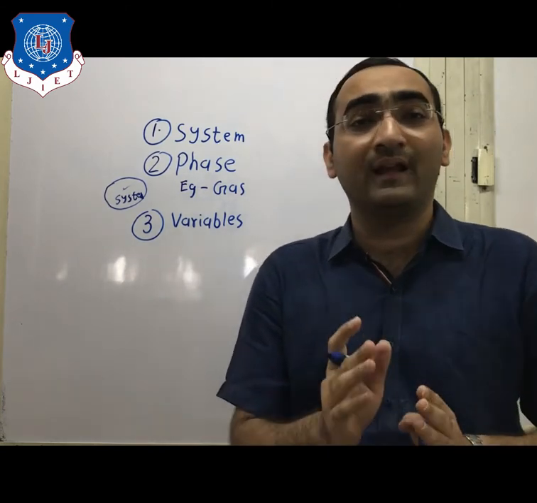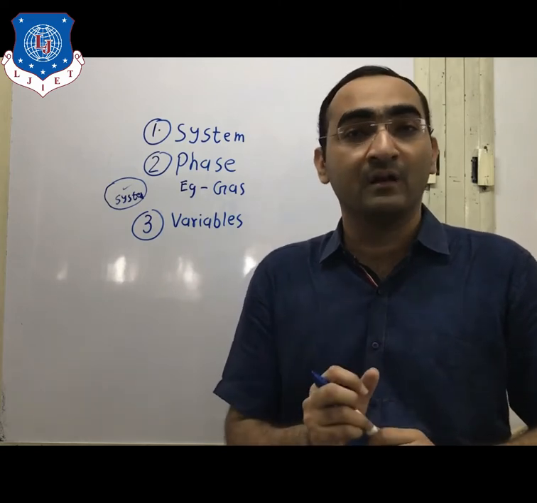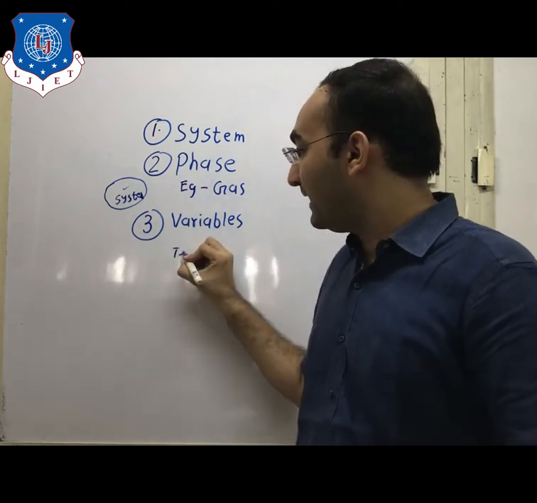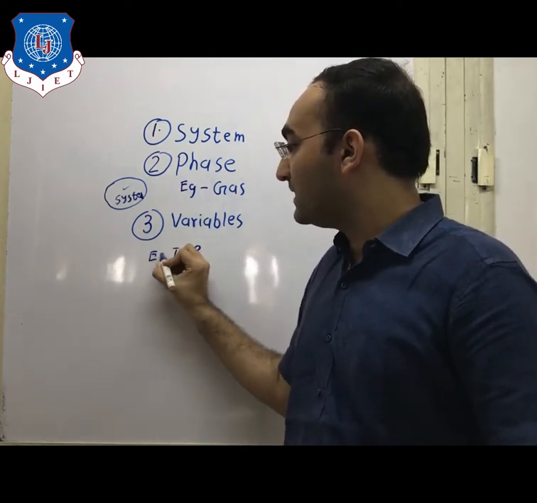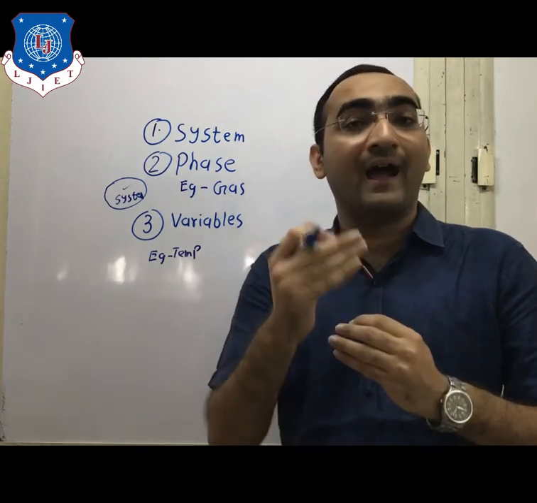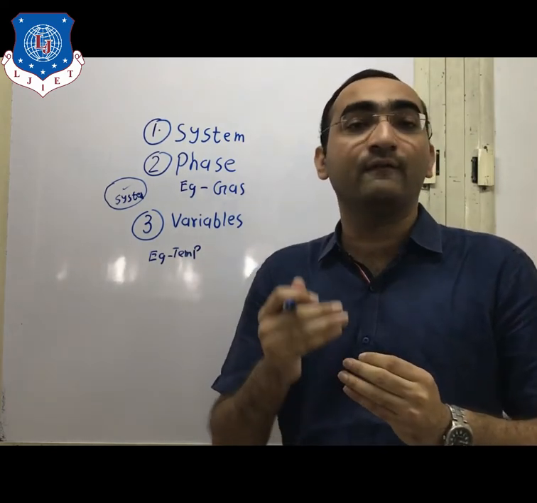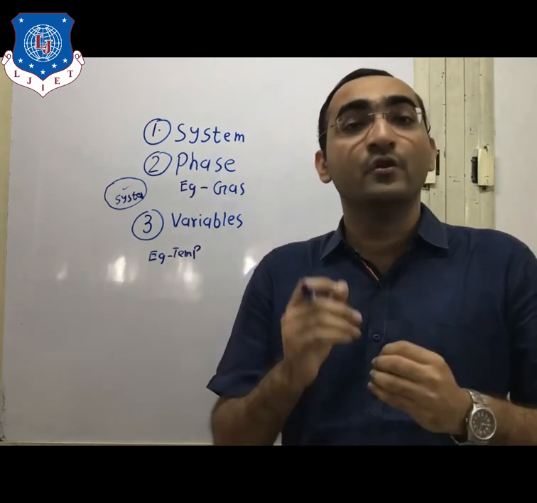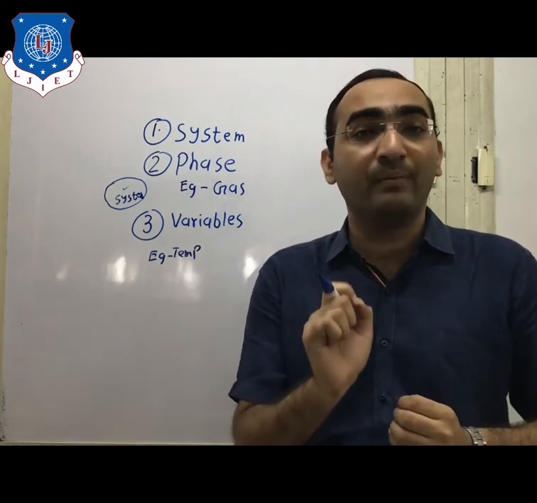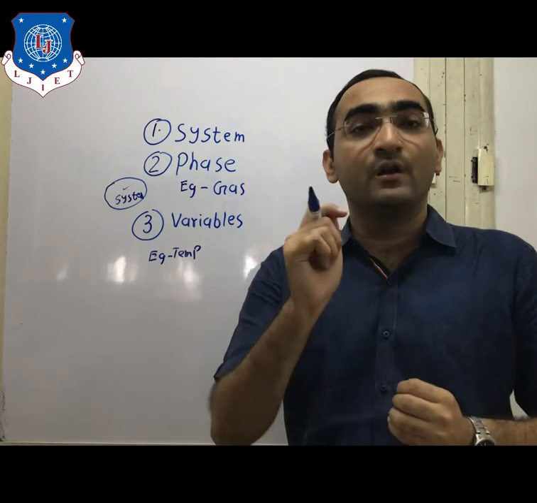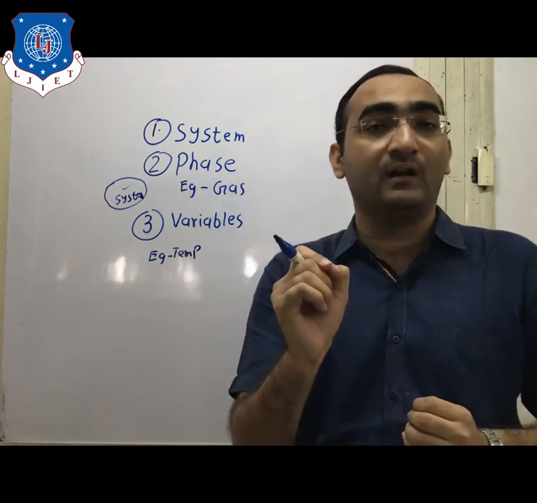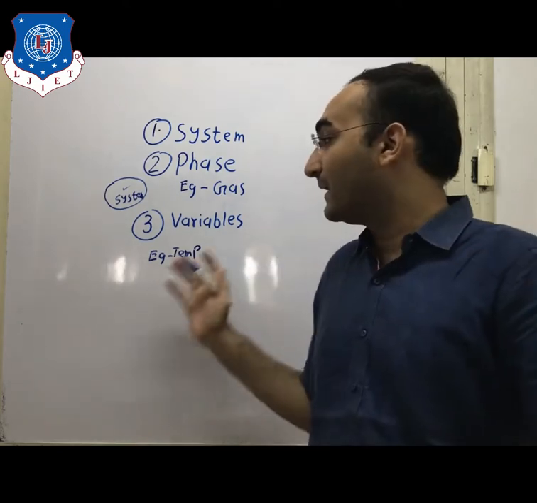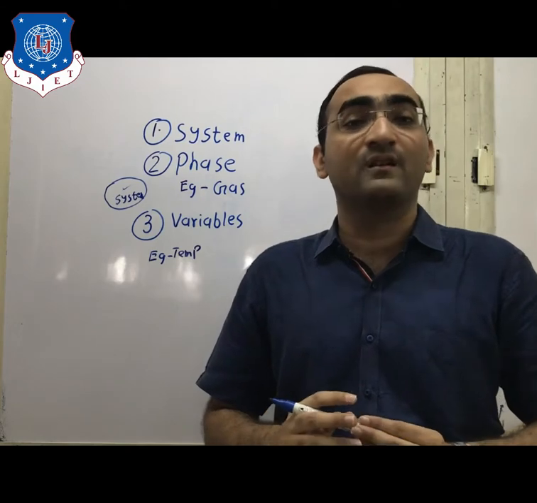Let us take one example: if you have ice and you change the variable, that is the temperature, what will happen? Your ice will change into water. If you go from minus 10 degrees Celsius to 10 degrees Celsius, you are changing the variable known as temperature. Due to that, the phase of the H2O, which was first ice, has been converted into the liquid phase. That is known as a variable of the system.